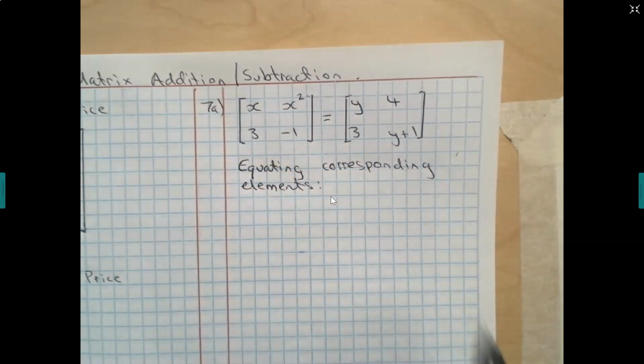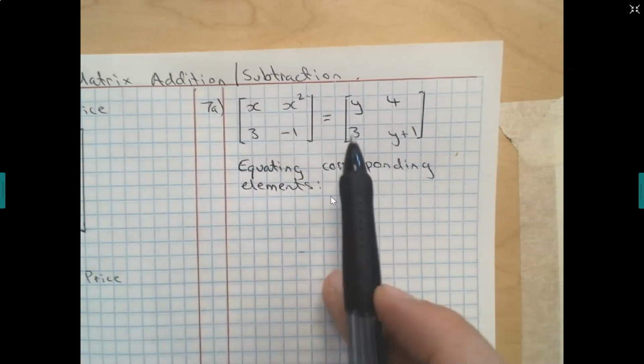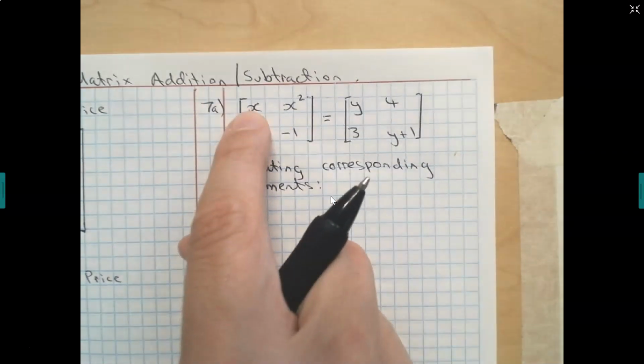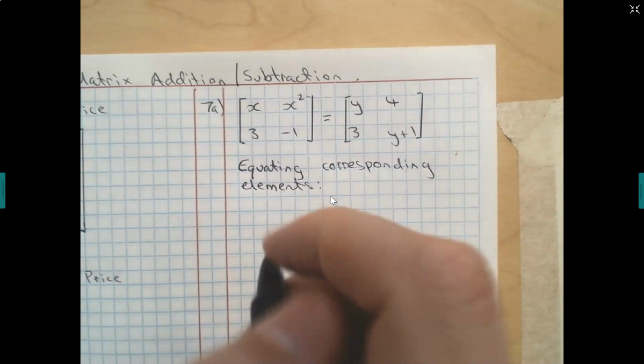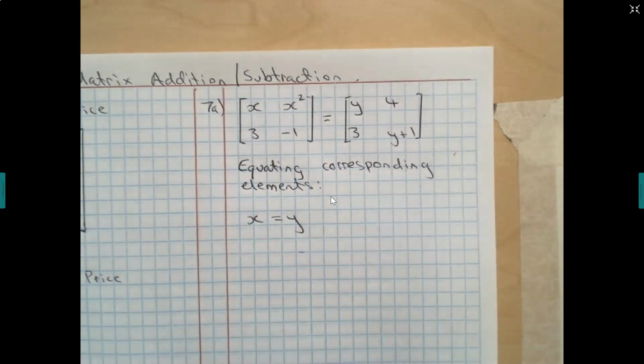What does that mean? It just means what I was just saying, how this is equal to this, this is equal to this, this is equal to this, this is equal to this. So we know that this x here is equal to what value in the other matrix? Y. So we know that x is equal to y.